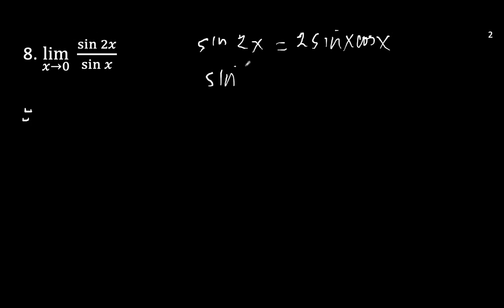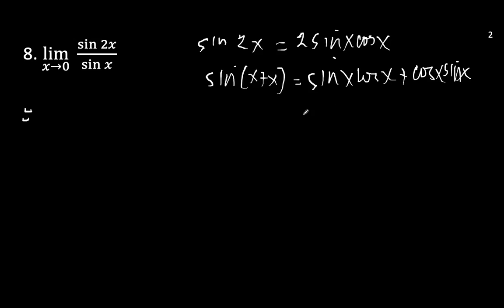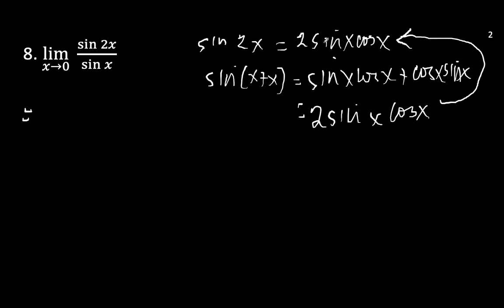Because sine of x plus x is equal to sine x cosine x plus cosine x sine x, which is equal to 2 sine x cosine x. So that's how we got 2 sine x cosine x.